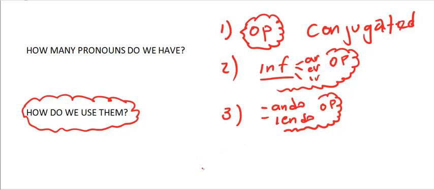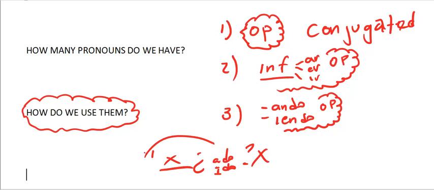What happened with ado, ido? Ado, ido are past participles. And with ado, ido, we cannot attach at the end or put it before the ado, ido. Normally, this comes with a conjugation of a verb. Okay? When ado, ido comes with the conjugation of haber, then you can apply the first rule.